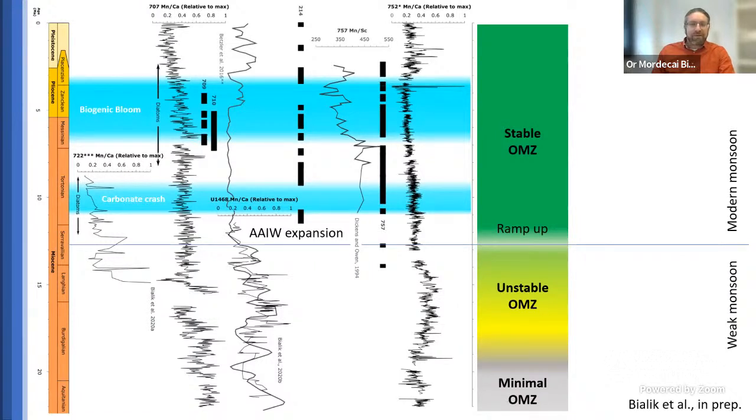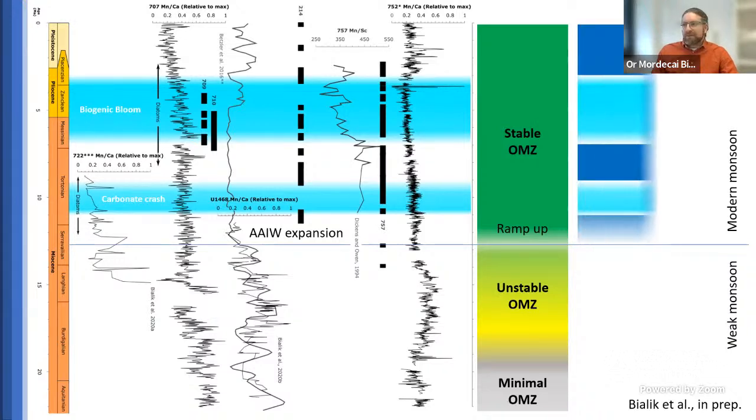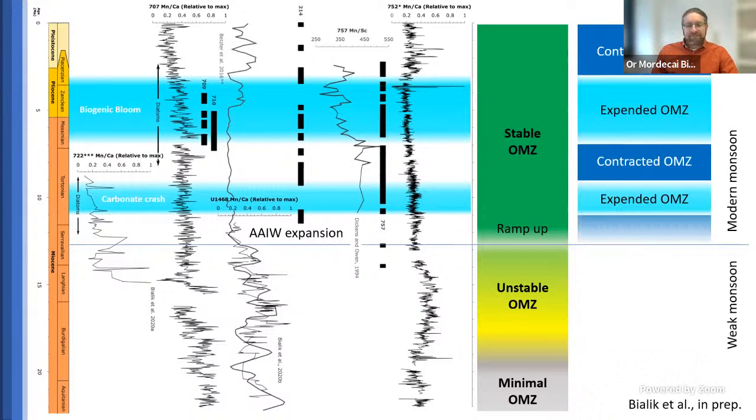These are part of larger processes. But if they're indeed linked to expanded OMZ, well, these are probably periods where we're seeing very significant monsoonal activity, and those are paired with nutrient conveyance across the entirety of the Indian Ocean.